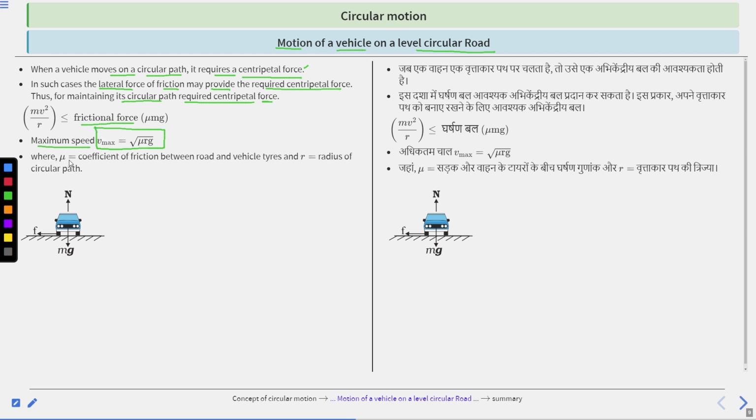Here mu is the coefficient of friction between road and vehicle tires, and r is the radius of the circular path. Clear? So this is the motion of a vehicle on a level circular road.